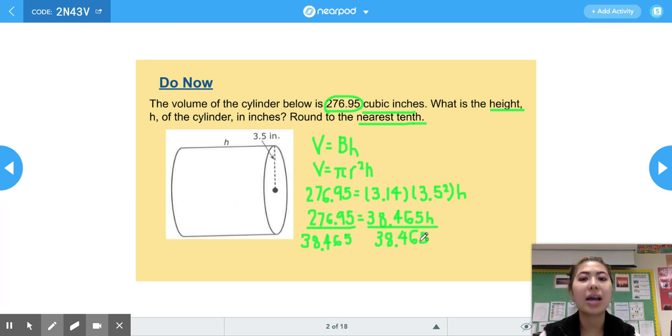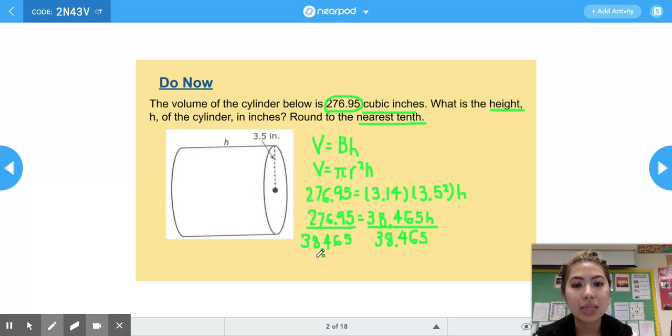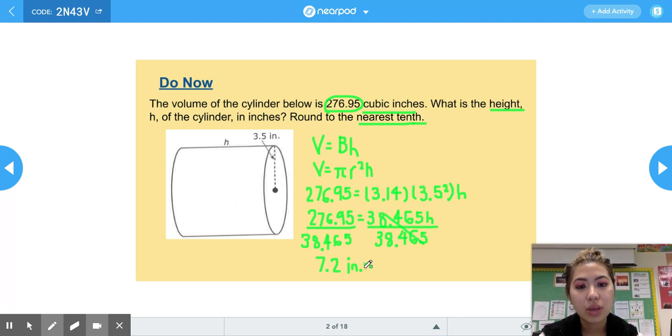When I divide 276.95 by 38.465 and round to the nearest tenth, I get 7.2. Our unit of measurement in this problem is inches. 38.465 divided by itself is 1, so we can cross that out. So we've reached our answer: h is equal to 7.2 inches.